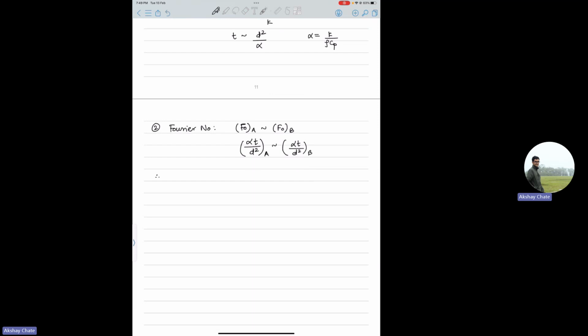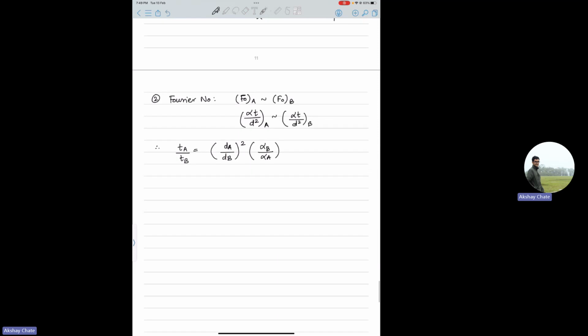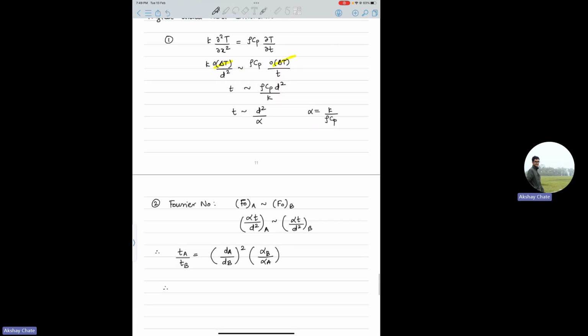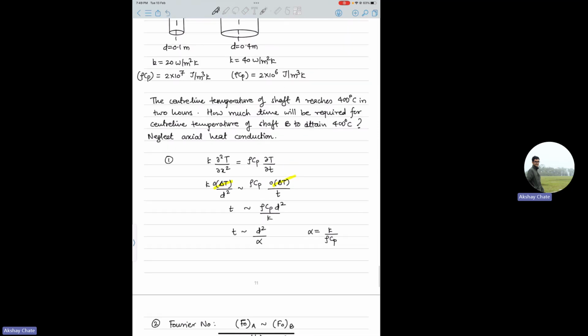Therefore, if you want TA by TB, it will be dA by dB squared times alpha B by alpha A. Now what is all that is given?